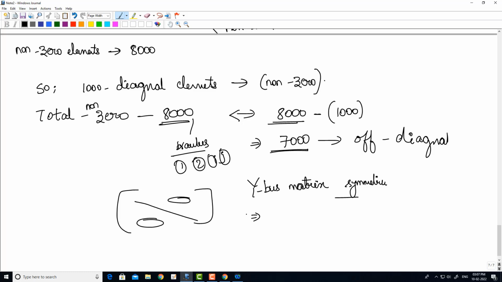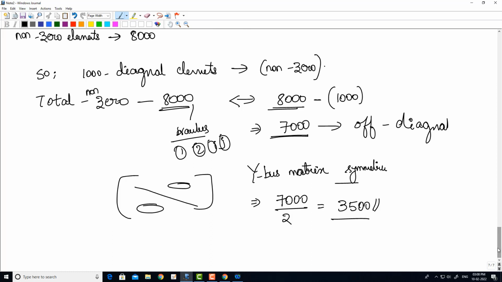So the number of branches is half of the off diagonal non-zero elements, that is 7,000 by 2, which is equal to 3,500.